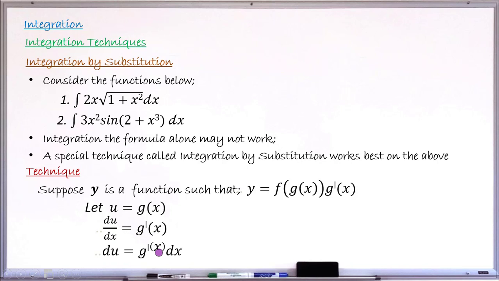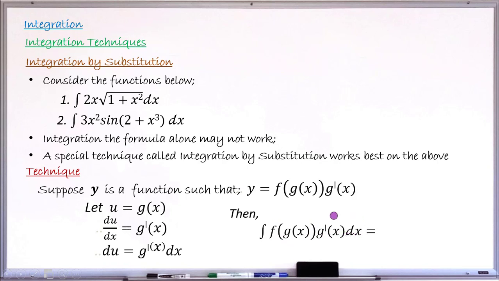So if that is the case, you can now go back to this very function, the original one, and reduce it to a less complex type. So here du is nothing but g prime of x dx. Suppose you wanted to find the integral of this function, f of g of x, then times the g prime of x dx.